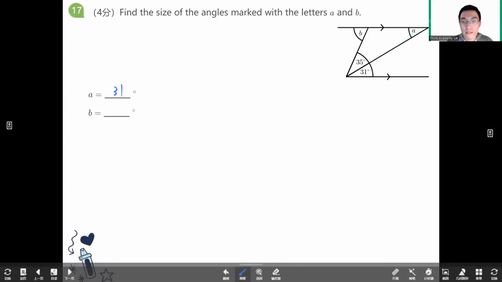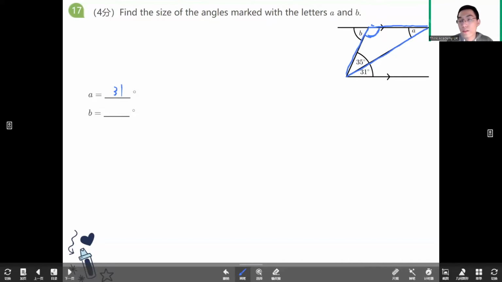And then next is the exterior angle theorem. So for the triangle over here, if we look at this obtuse angle, then the exterior angle is what you get if you extend this line. The flat angle, take away the obtuse angle, will give you the exterior angle, which is angle B in this case.